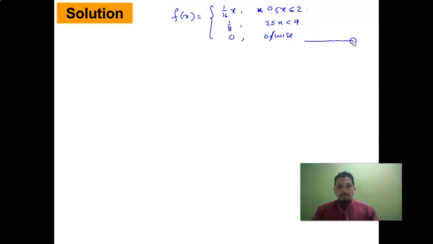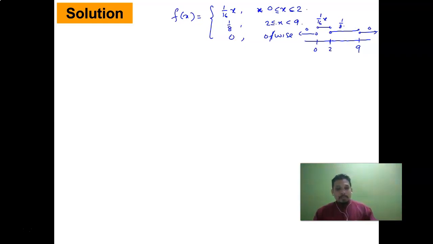Meaning besides these two domains, the function is 0. So the first domain, from 0 until 2, the function is 1 over 16 x, and the second domain, between 2 and 9, the function is 1 over 8.